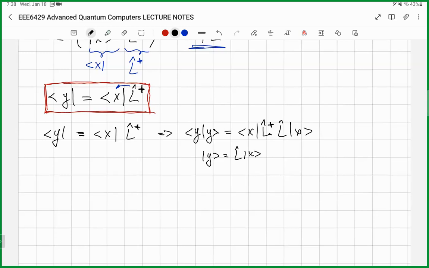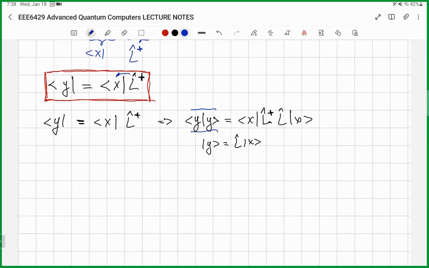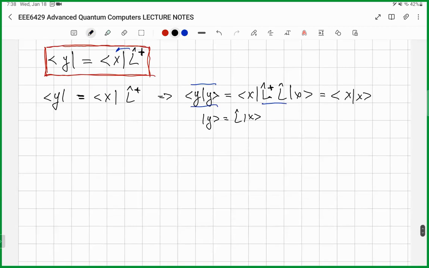And again, I require that the inner product of the two vectors, ket and bra, is not changed after the action of this operator L. This will be equal to the inner product of x only if the product of the two operators L dagger L is equal to 1, I mean a unitary operator.